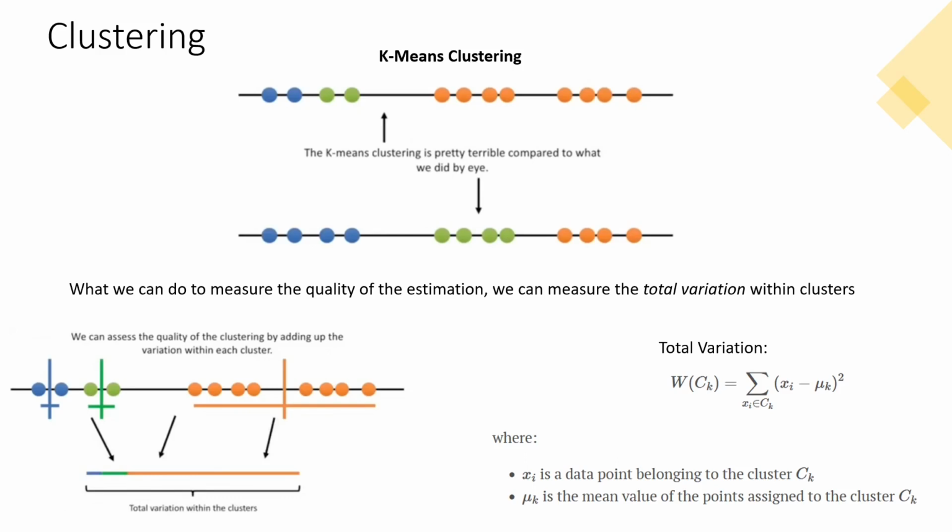Okay, once we are done with clustering for this first randomly selected set of cluster centers, we calculate something called total variation. That's basically the variation within each class. So for this class, for example, the variation is small because they are close to each other. The variation is basically the distance between the cluster center and all the samples.